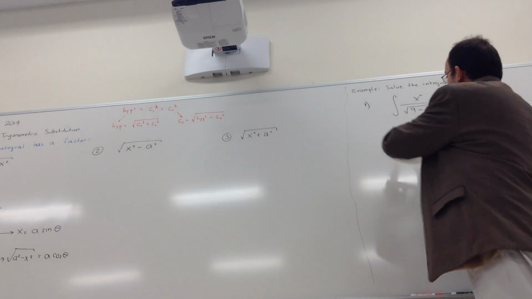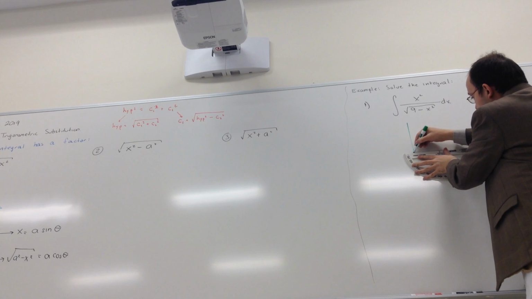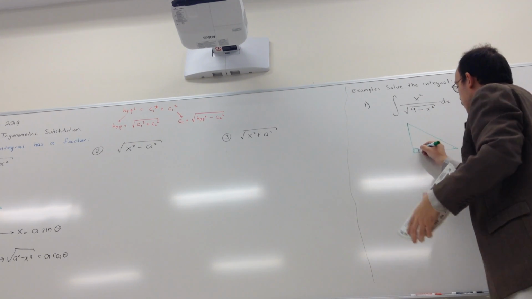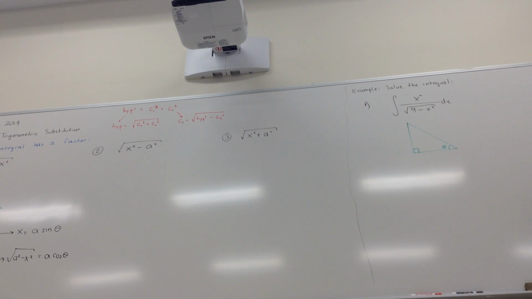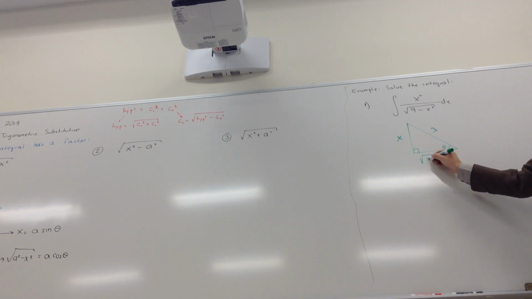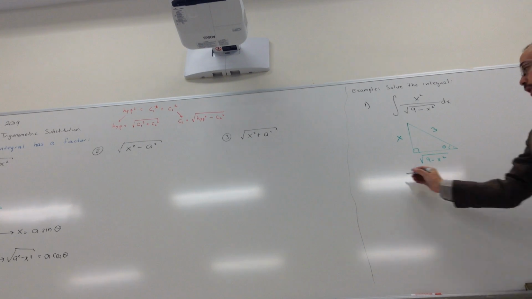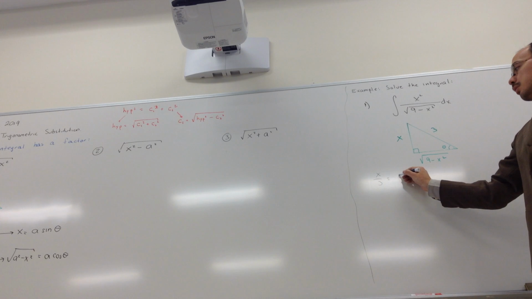So in this case, for example, this is going to be my triangle. My angle theta. Which one is the hypotenuse? 9? No. 3. This is x, and this is the square root of 9 minus x squared. Therefore, x over 3 equals what?